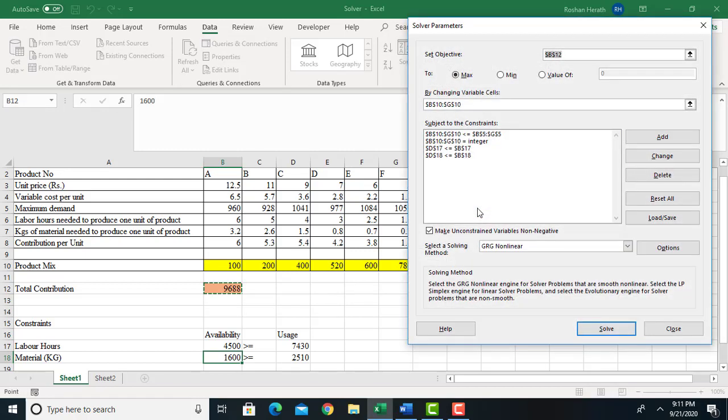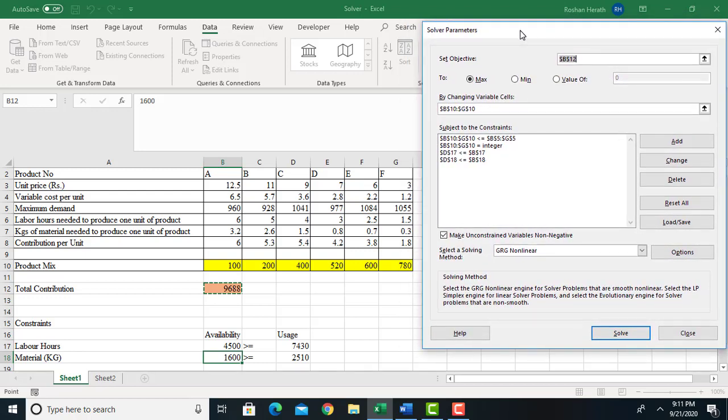So in this situation, altogether we have added 4 constraints. It was explicit only 2 constraints, but using our common sense, we identified 2 more constraints. So it is applicable for these product mix scenarios. So therefore, that is something you can remember.